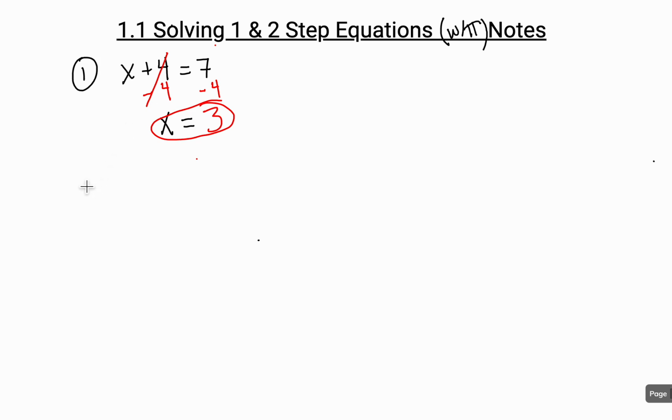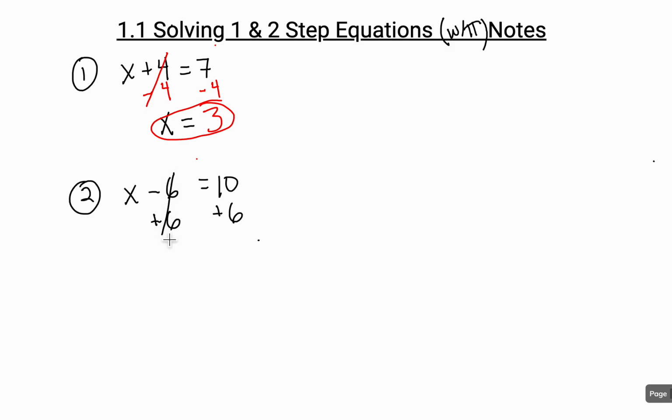So example number 2, very similar to that. If we had a subtract 6, then to 0 this side out to get x by itself, we're going to add 6 to both sides of the equation to make it balanced, because we want negative 6 plus 6 to zero out.